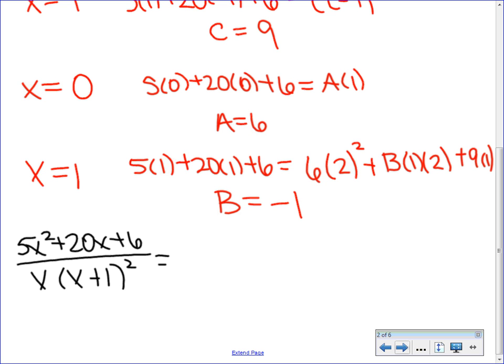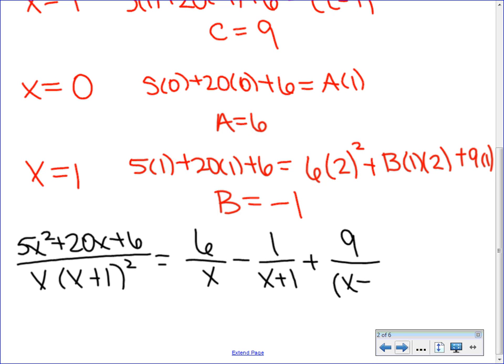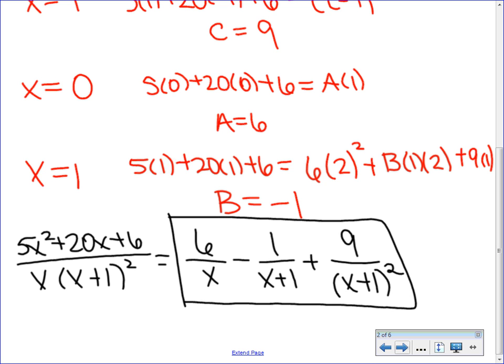This breaks up into a over x plus b over x plus 1. Since b is negative, I'm going to say minus 1 over x plus 1. This looks nicer. Plus c over x plus 1, the quantity squared. That's the answer.